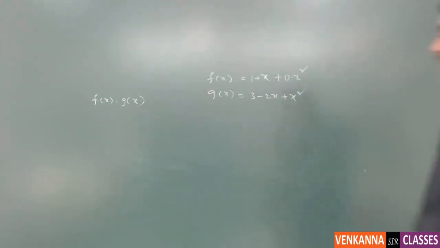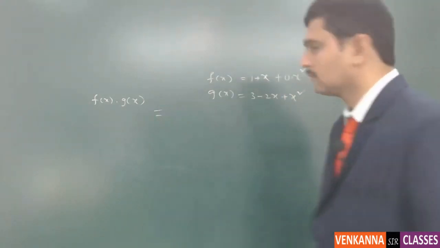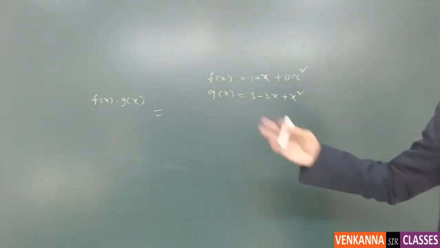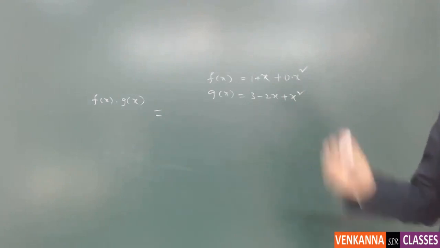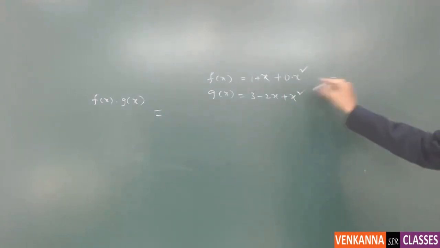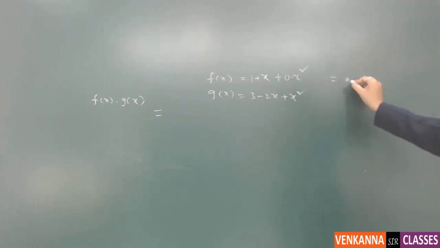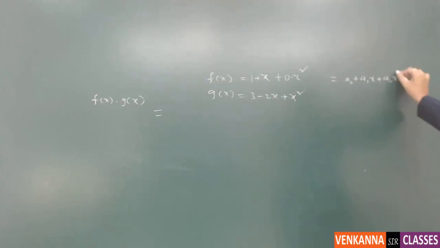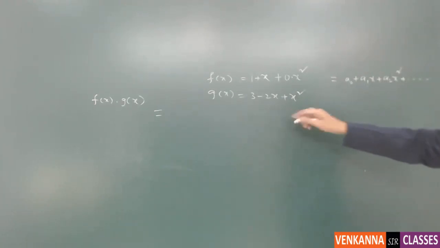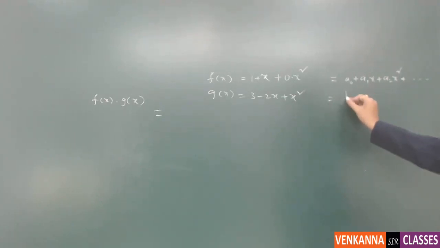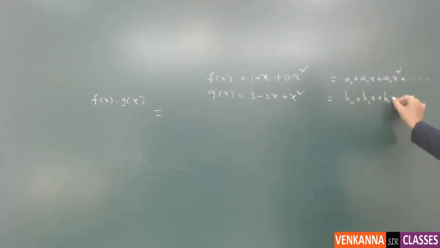Now, if you consider the product, apart from regular multiplication, the technique here is, you assume that this polynomial is of the form a0 plus a1x plus a2x square plus so on. Here also you assume that this polynomial is of the form b0 plus b1x plus b2x square plus so on.